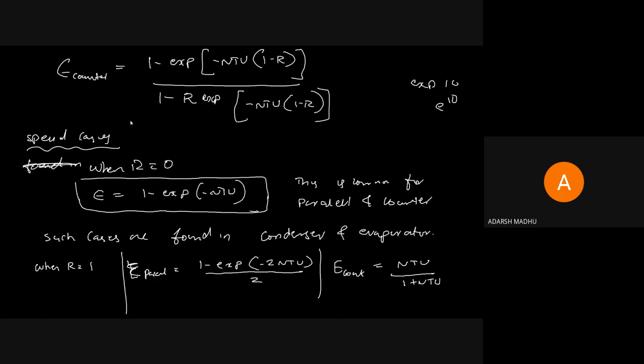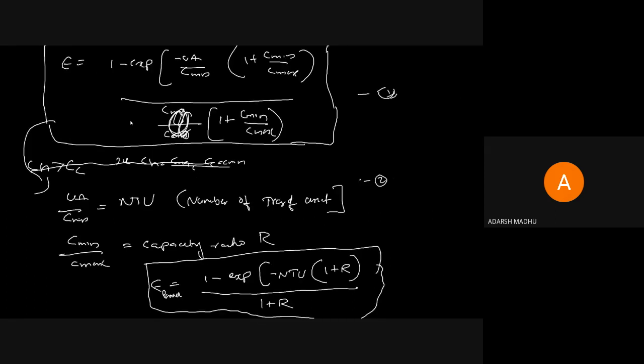For the last session, we explained a particular method called the NTU method. So what is the NTU method? It uses effectiveness. We derived equations for effectiveness for parallel flow and counter flow. And we write NTU as NTU equal to UA by C minimum.